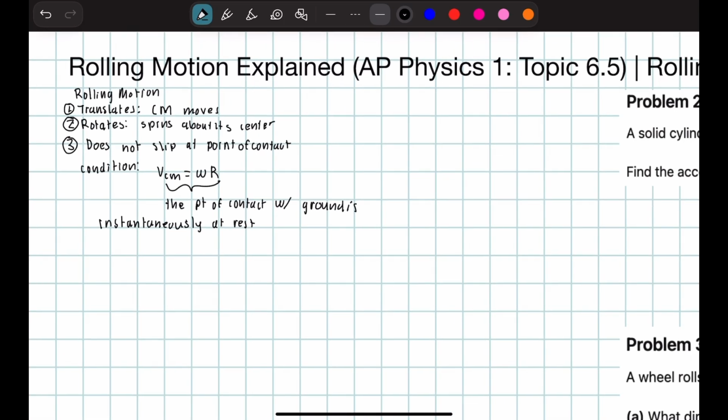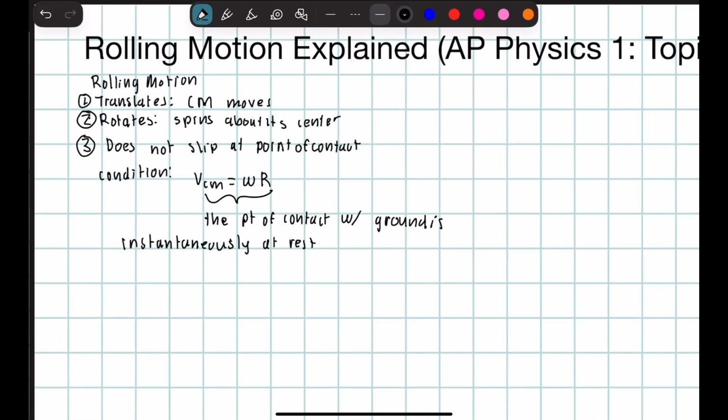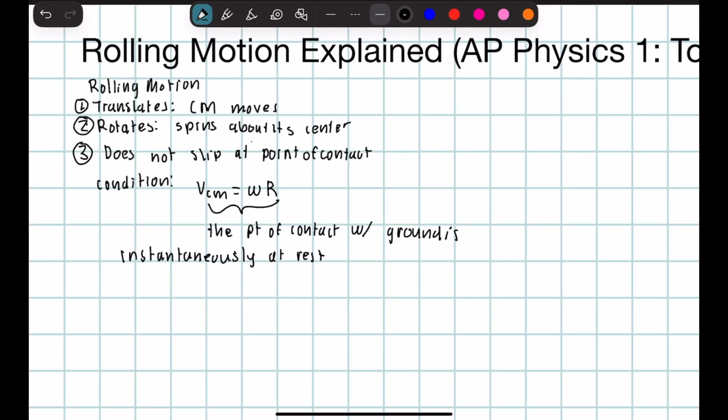So now let's talk about the difference between translational and rotational motion. Translational is the motion of the center of mass, and rotational motion is the spinning around the center of mass.